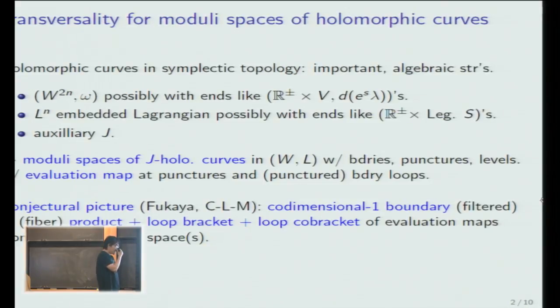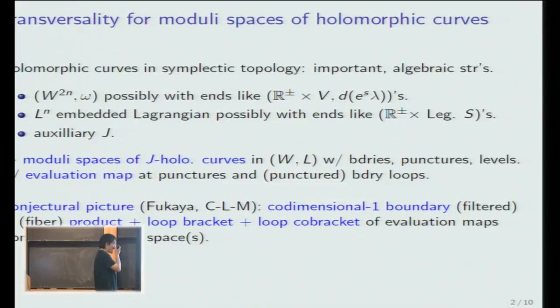In talks of Kaya and also the paper of Chitebak-Leshev and Monkey, they have a conjectural picture which says the codimension one boundary of a moduli space under a given Hofer energy can be written as a sum of things from a combinatorially simpler moduli space through evaluation maps of some operations.